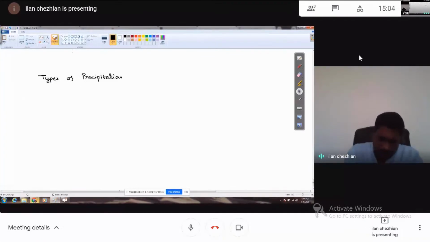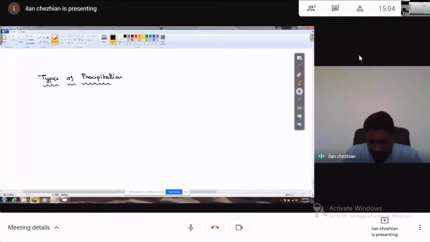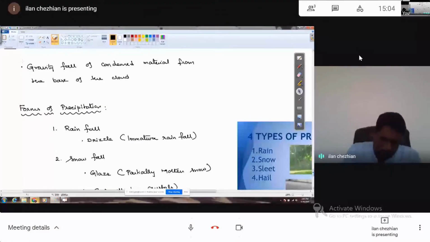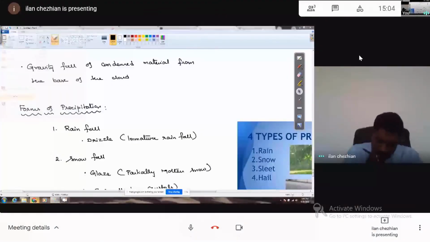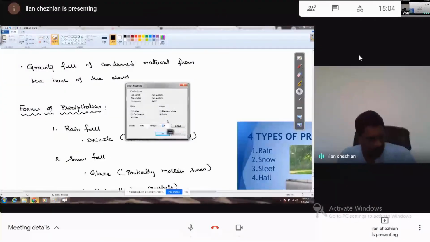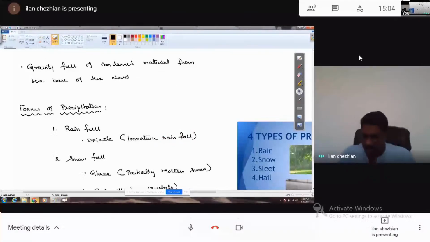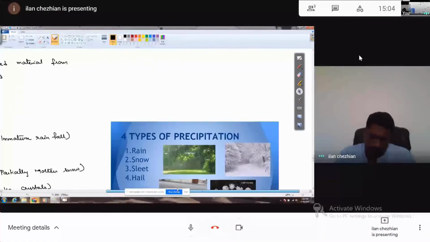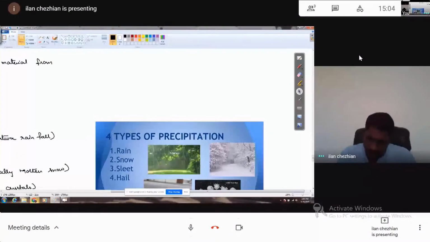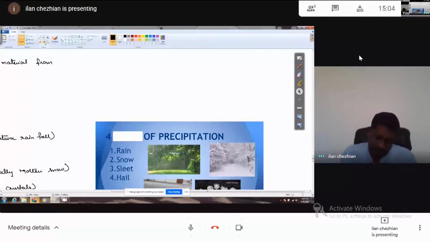See here, the earlier image, what I have given as types of precipitation. See, small changes. Small meaning, let us not take it so seriously, because, say for example, the fair usage of the words, my friend. Okay. Simply here, if possible, you can change it. Instead of types, you can remove the types. You can put it as forms.